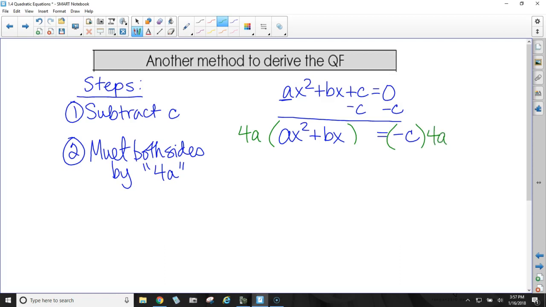Hey, I can multiply both sides of an equation by any quantity I choose. Now, when I take the 4a and run that through, I now have 4a squared x squared plus 4abx equals, let me write this as negative 4ac.